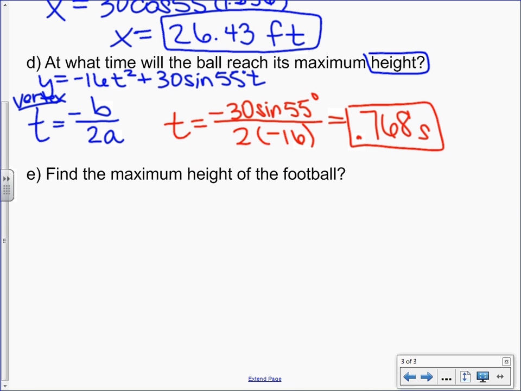So now my last question is, what is the maximum height of the football? We have the time it takes. What's the actual height? So now we can actually plug this in to our y equation.